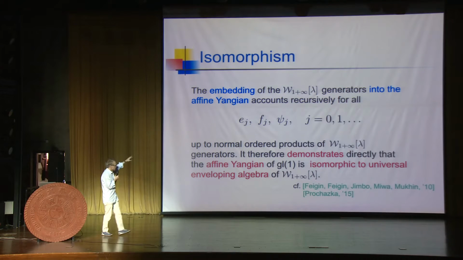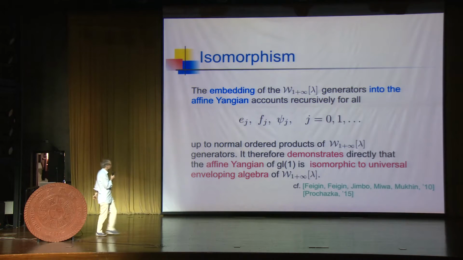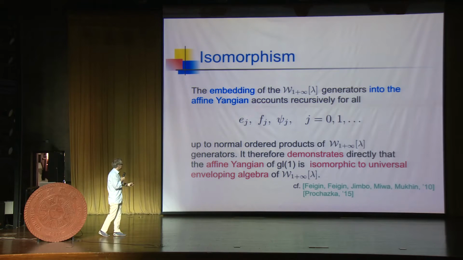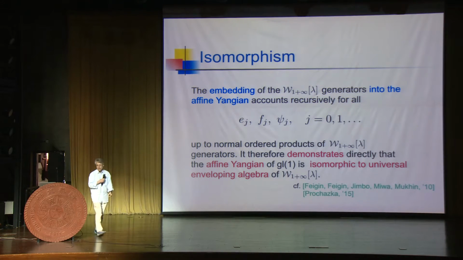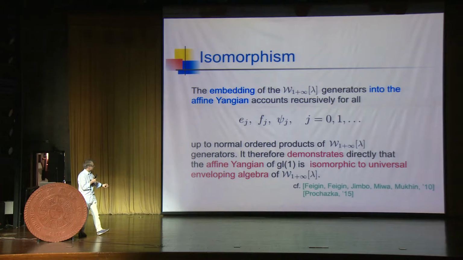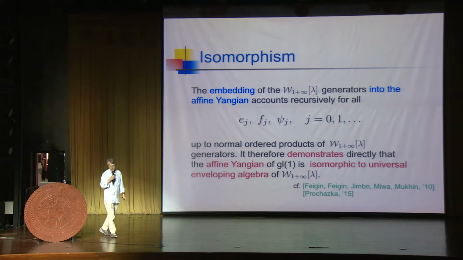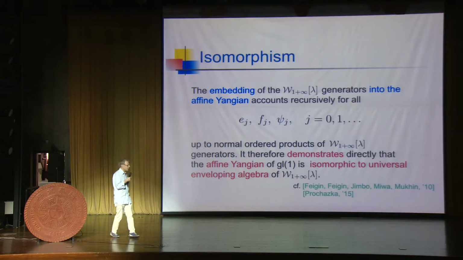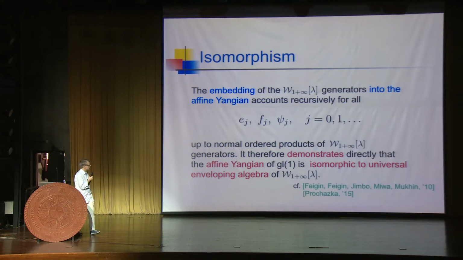Now, I should say that if you think about doing this recursively, what this tells you is that the W1 plus infinity generators are basically equal to these EJ generators modulo lower spin correction terms. And therefore, if you recursively do this, what this tells you is that not just W1 plus infinity sits inside the affine Youngian, but the universal enveloping algebra of W1 plus infinity sits inside the Youngian.